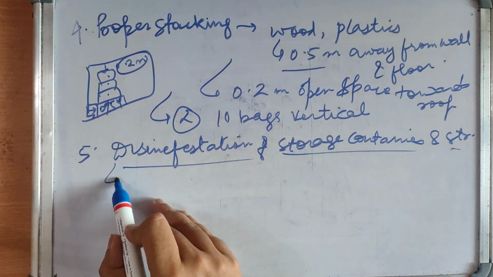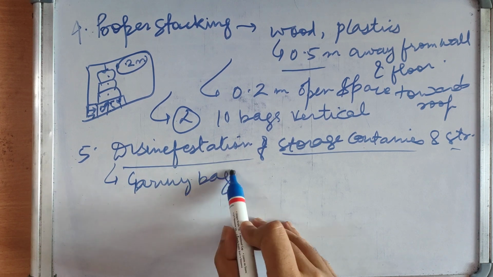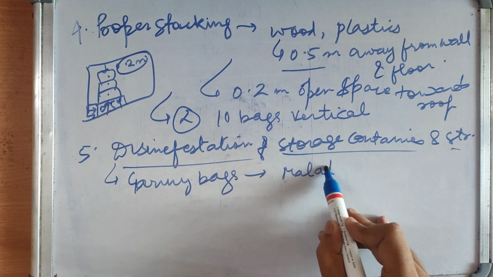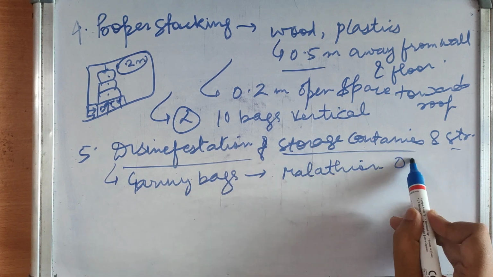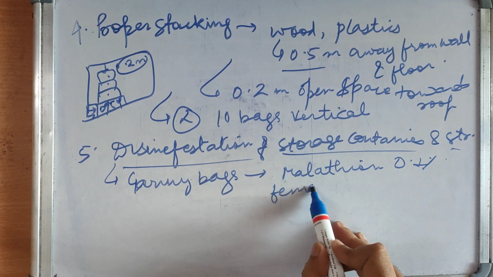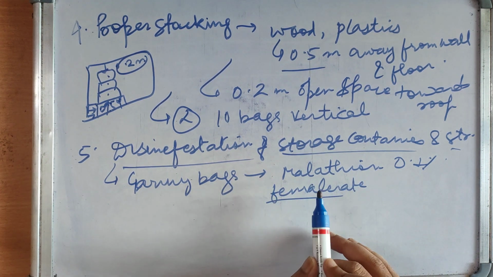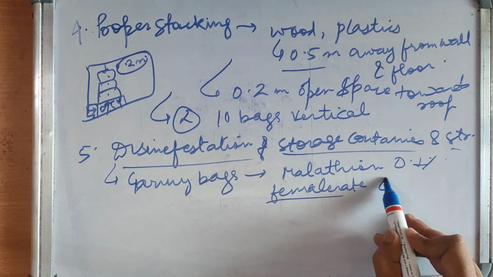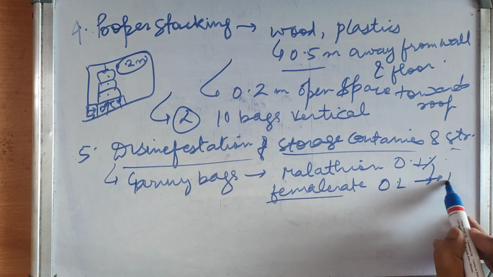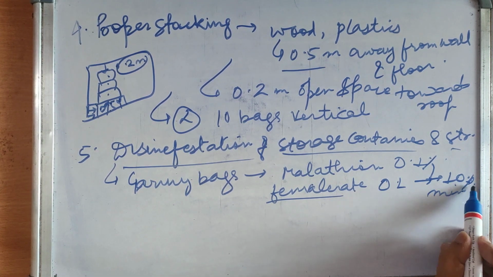The gunny bags or jute bags which we are going to use should be dipped in malathion 0.1% or phenvalerate 0.1%, and you should dip them for 10 minutes. Only one of them, for 10 minutes, not 10%, 10 minutes.